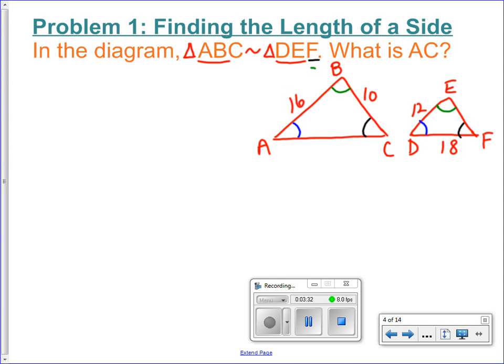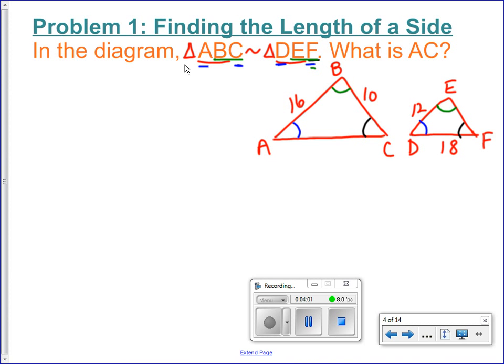We also know that line segment BC is proportional to EF, since those two are listed last. And it's also true that AC, the first and the last letters, and DF are proportional. So we're going to use that last statement to solve this problem.